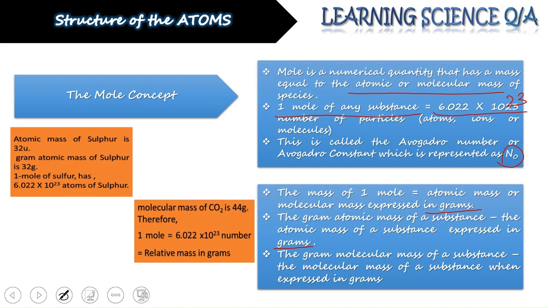It can be calculated as the mass of carbon being 12 and the mass of oxygen 16 into 2. So, the molecular mass of carbon dioxide is 44 grams. So, 1 mole of carbon dioxide will have 6.022 into 10 raised to the power 23 carbon dioxide molecules. So these masses are expressed in grams.